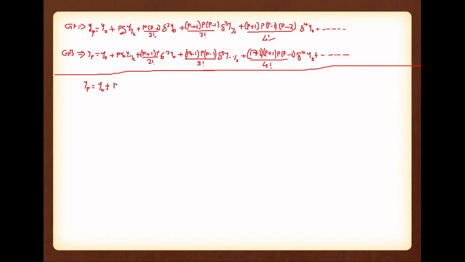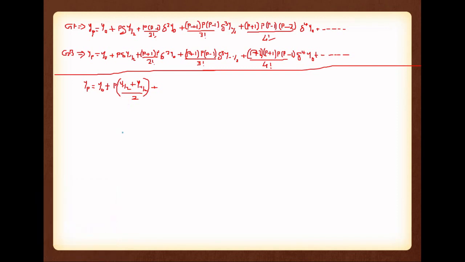The coefficient is the same, so p into, in brackets, y1 by 2 plus y minus 1 by 2 divided by 2. From the table itself we can find this average. Then theta square y0 is the same. We need the average of these two, so first we can find the average of these two.